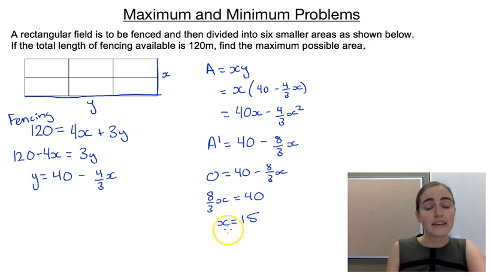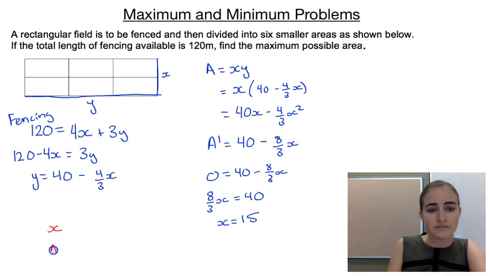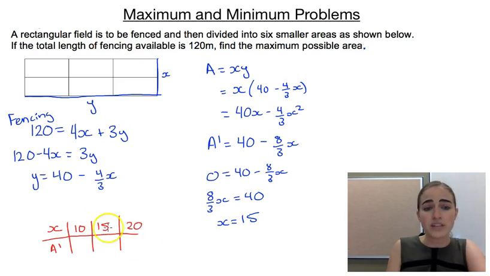So we know that there is a stationary point at x equals 15, but we do have to double check that it's a maximum. So let's just draw up a table down here. So we need that 15, and we need a point on either side. So maybe let's pick 10 and 20. It could have been just 14 and 16, it doesn't matter.